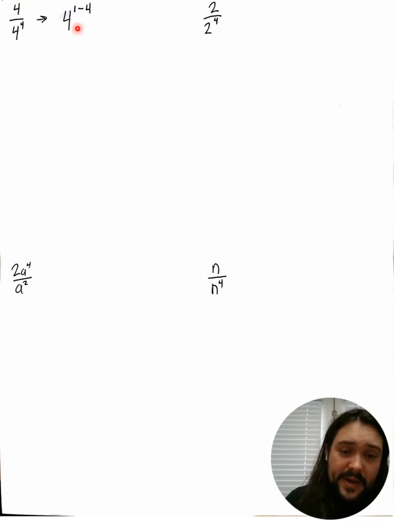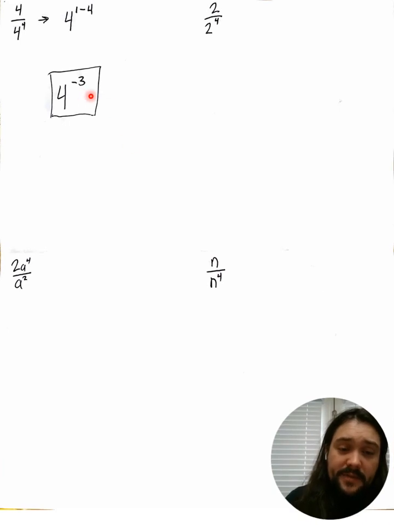So 1 minus 4. It's always going to be the numerator exponent minus the denominator exponent. You're never going to go the other way. So numerator minus the denominator. So 1 minus 4 is negative 3. So we have 4 to the negative 3.